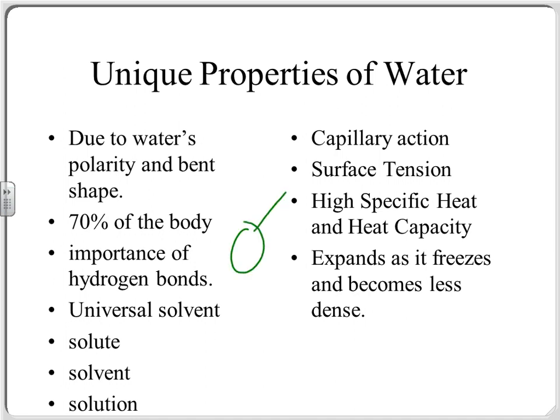Water has this unique shape. What is that shape called? Looks sort of like a V. It's called bent. That's the actual scientific name for that shape, bent. The shape turns out to be pretty crucial.